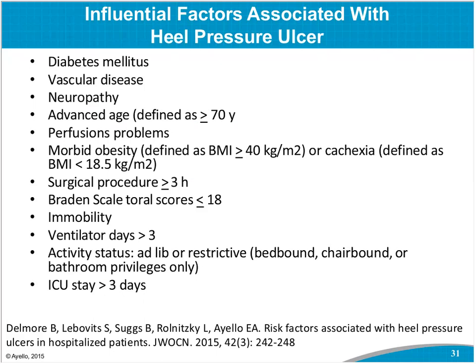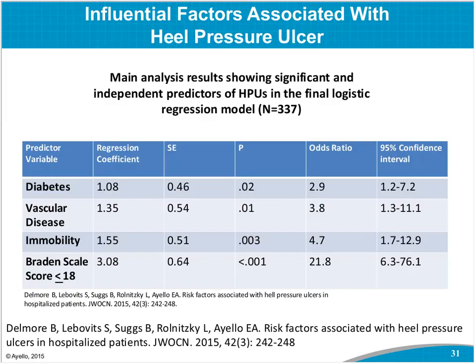And I'm sure as you look at this list, diabetes, vascular disease, neuropathy, advanced age, perfusion problems, people at different ends of the weight scale, people who have high BMIs and people who have low BMIs, surgical procedures, immobility, ventilator days greater than 3, their activity status, and longer than 3 days ICU stays. There might be others that you thought about or are important to you in your institution, but this we gleaned from our list and from the literature.